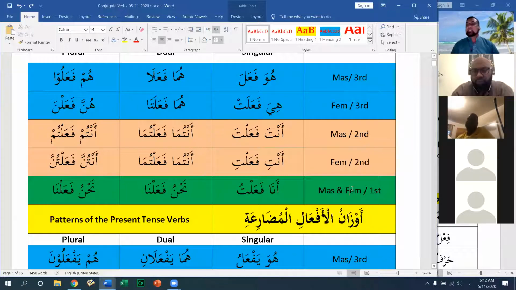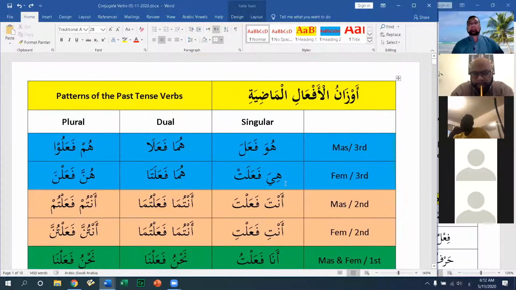Because for first person, masculine and feminine are the same. Whether a single male or a single female is speaking, the verbs will be the same. If I, Shamaruddin, a male, were to say أنا فعلت, and Sister Fatima was speaking, she would also say أنا فعلت. For masculine and feminine, the verbs are the same.